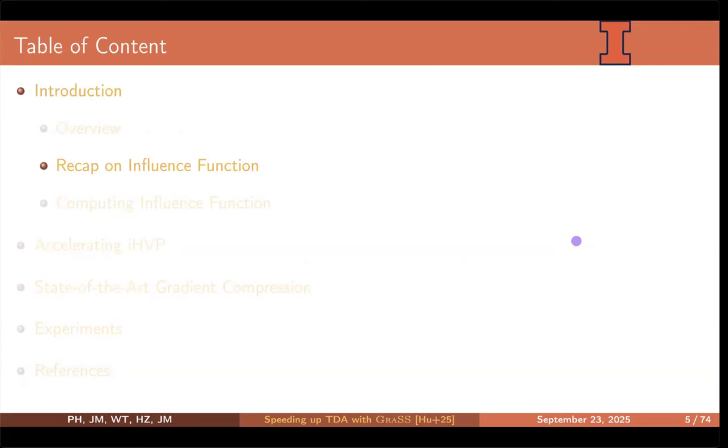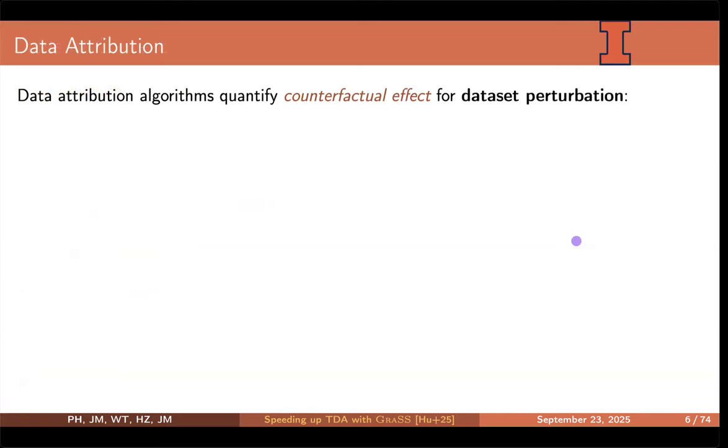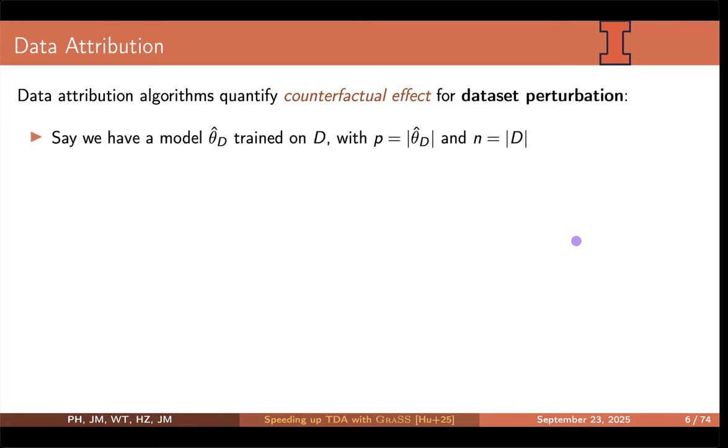So first, let me give you a crash course on data attribution, or more specifically, influence function. So data attribution tries to quantify counterfactual effects for dataset perturbation. So what do I mean by that? First, let's set up some notation. Say we have a model, theta D, trained on a training set D, where we will use P as the number of model parameters and N as the number of data points throughout the talk.